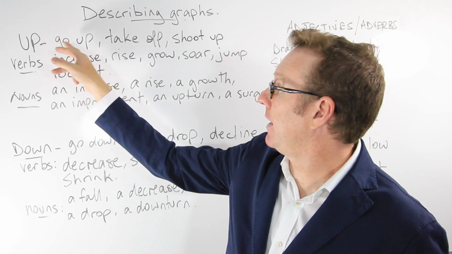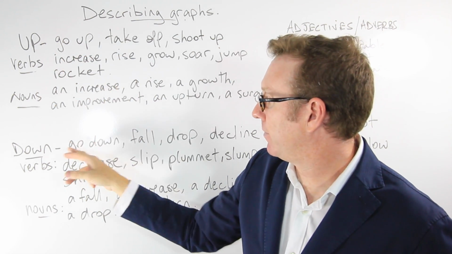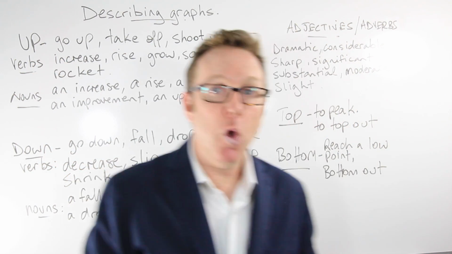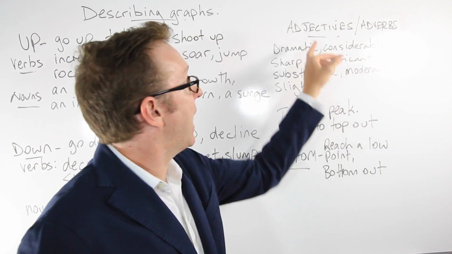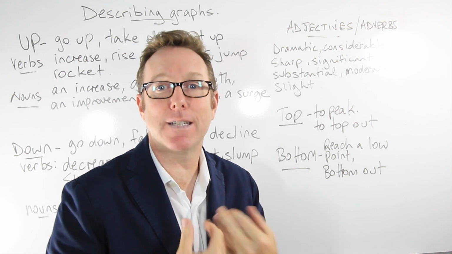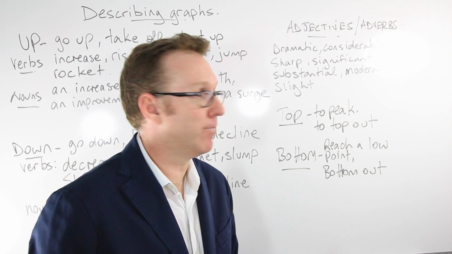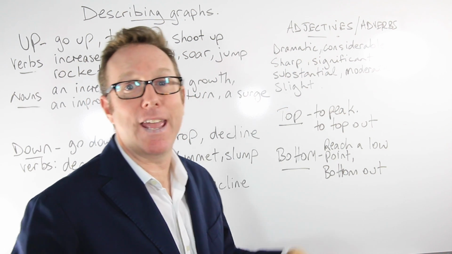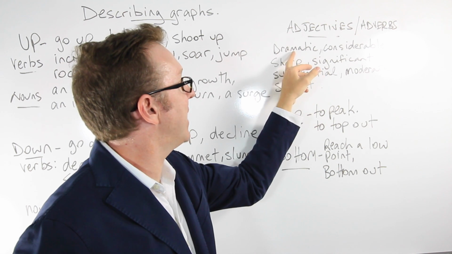Now, when we're using the verbs and nouns to describe upward and downward trends, we also often use adjectives and adverbs to help us describe what is happening. So, for example, we would say a dramatic increase. A dramatic increase.